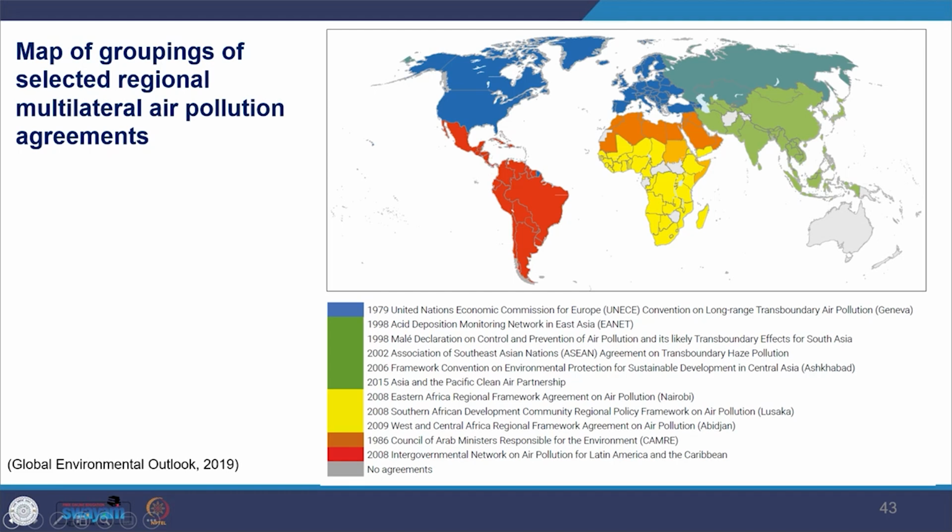There are 3 regional agreements on air pollution in Africa, which overlap each other and have few members in common with the Council of Arab Ministers responsible for environment. So you see how those work there.